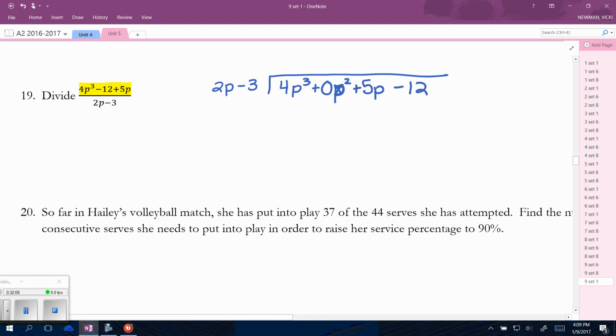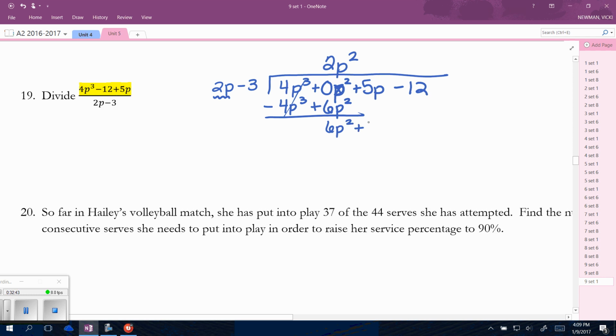So our goal is to get 4p cubed to cancel. So divide 2p into 4p cubed would be 2p squared. Multiply 2p squared times 2p is 4p cubed. 2p squared times negative 3 is negative 6p squared. Subtract, so minus plus. The 4p cubes cancel, and I have 6p squared.